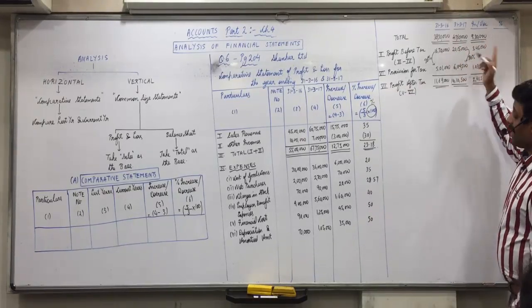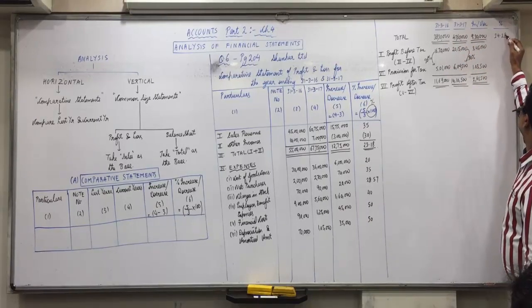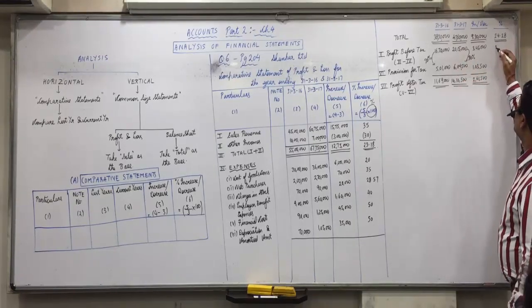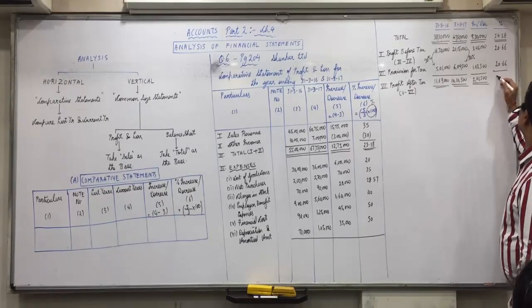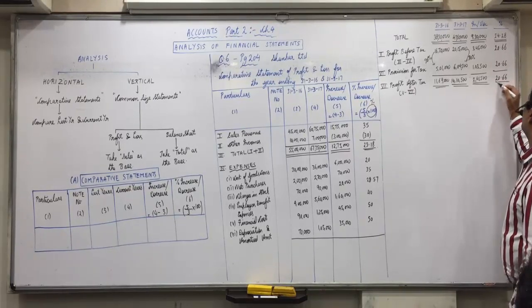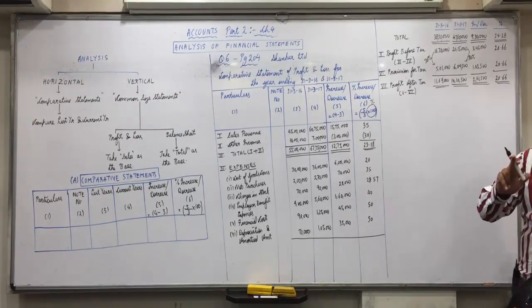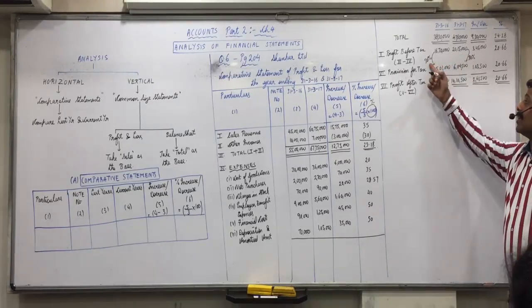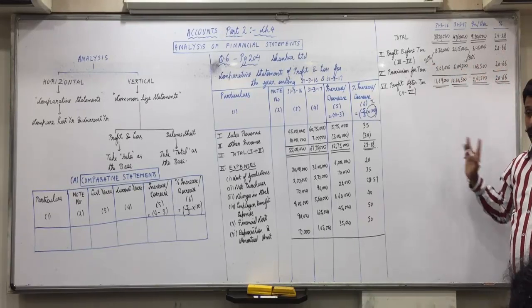9,30,000 divided by 38,30,000 percentage, 24.28. 3,45,000 divided by 16,70,000 percentage, 20.66. Last three will always come same. If the rate of tax in both the years is the same, but in case in 1 year it is 30% and another year 35%, then this 3 will change, and then you need to find it.